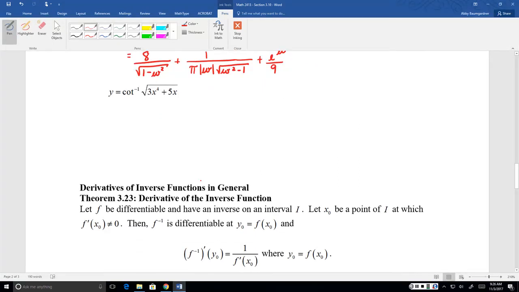All right, here we've got a nasty chain rule going on. So it's cotangent inverse of 3x to the 4th plus 5x raised to the 1/2 power. So for the chain rule to work, we have to take the derivative of the outer piece, leaving the inside alone.